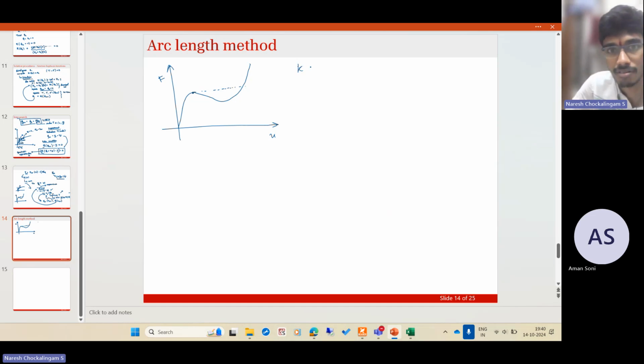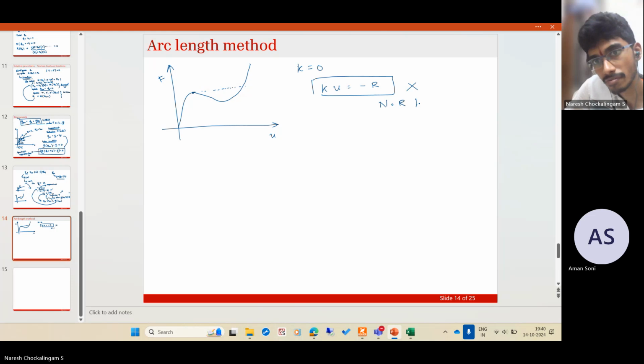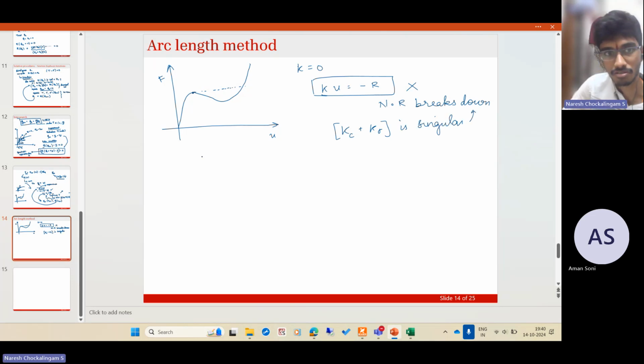The tangent is 0, so we cannot really solve K du equals minus r. This cannot be solved. Therefore, Newton-Raphson breaks down. If we land at a point where the tangent is 0 in the 1D case, or in multiple dimensions, if we land at a point where the tangent stiffness matrix K_c plus K_sigma is not invertible, then Newton-Raphson actually breaks down.